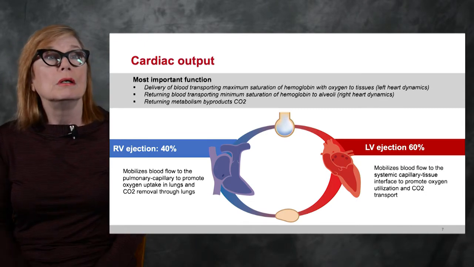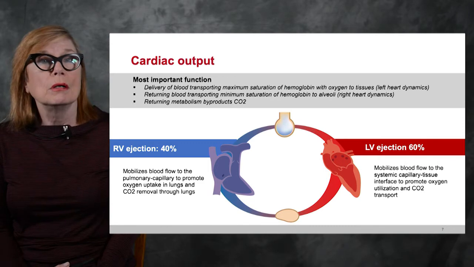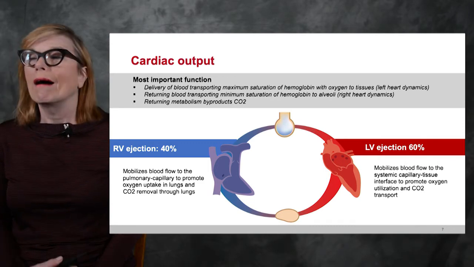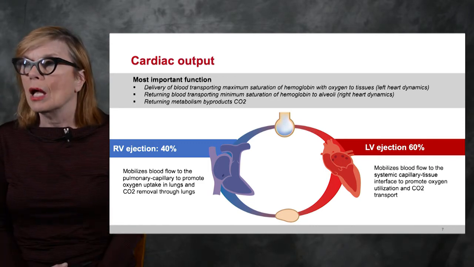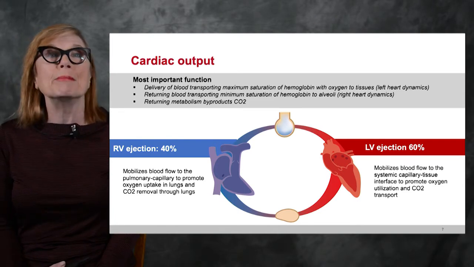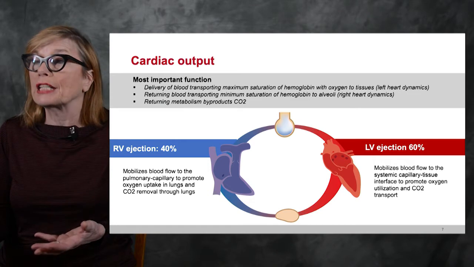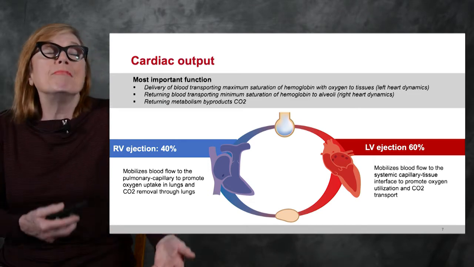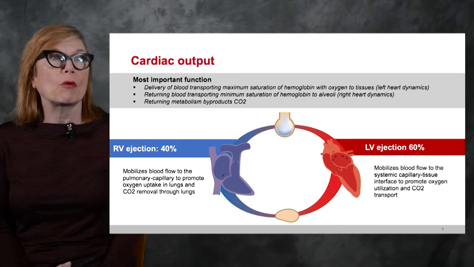So, always important to remember that the right and left heart have a responsibility, and that is the delivery of blood that is transporting hemoglobin with maximal saturation from the left heart and minimal saturation from the right heart.